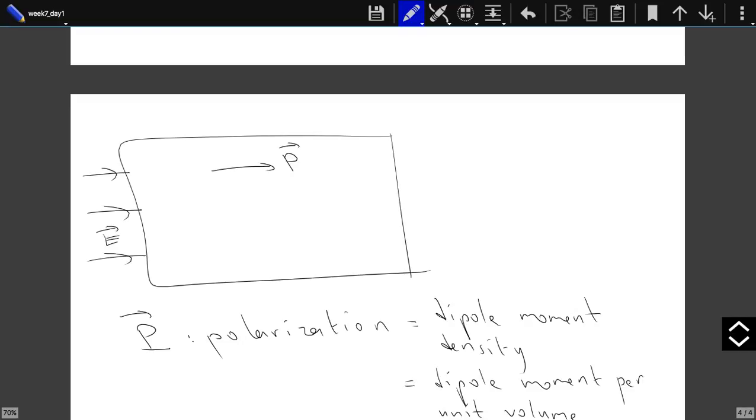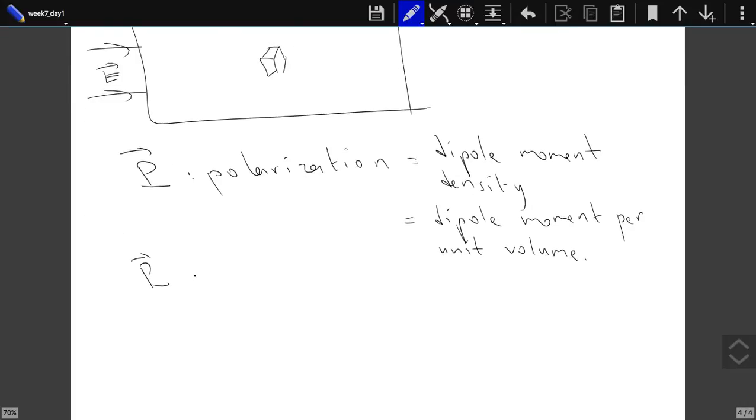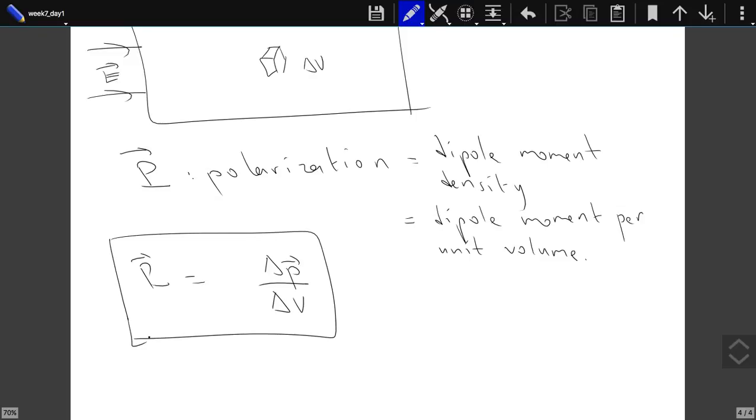What you basically do is you take your system, you take a very small volume, very small compared to the size of your system, but still very large compared to the atomic size. And then the polarization is defined as delta P, the total dipole of that volume, divided by the volume. So this is how we define polarization.